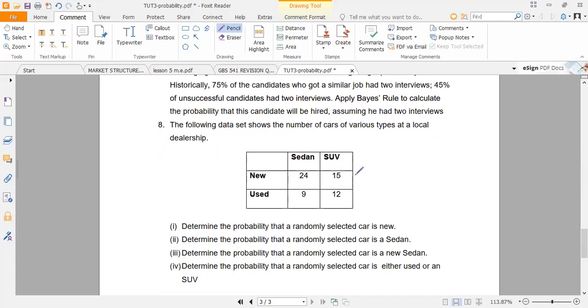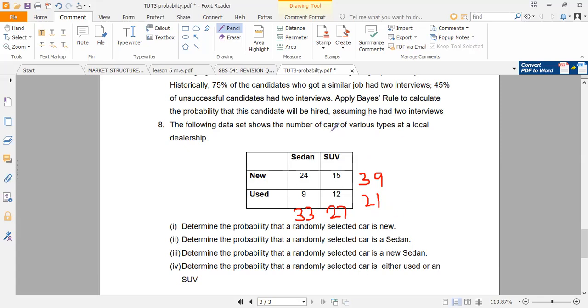So what totals do we have here? 9, 21, 33, 27, and the grand total is 60.